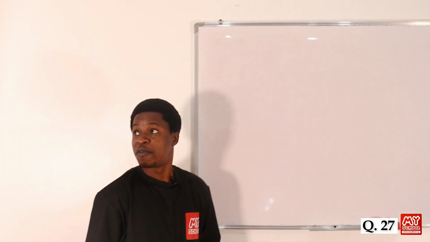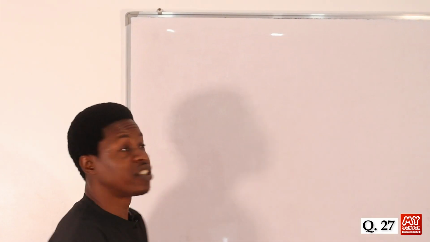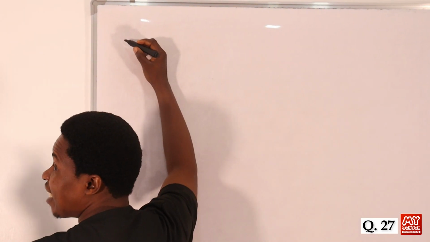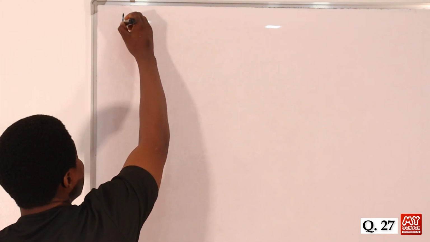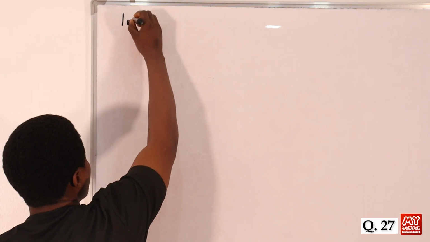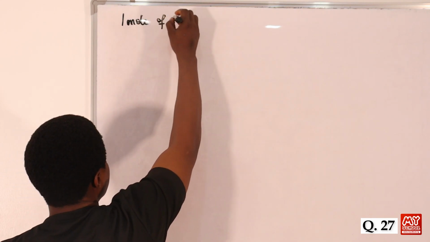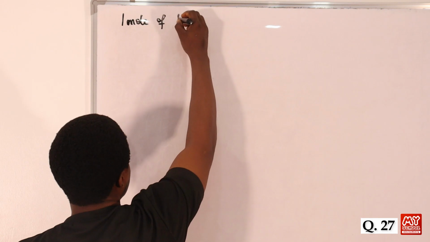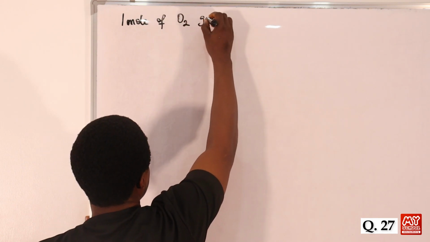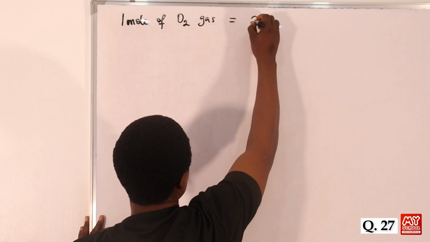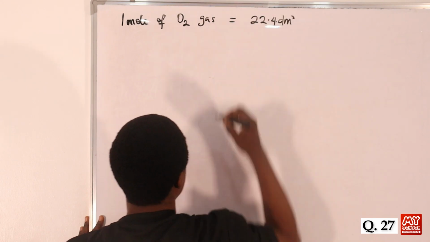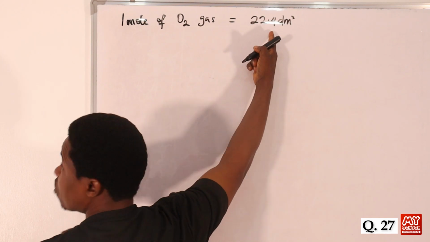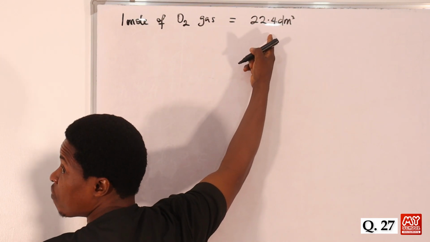It says the volume of 2.5 moles of oxygen. So the molar volume of a gas at STP is 22.4 dm3. In other words, it's saying that if 1 mole of gas, of course that's oxygen gas, gives 22.4 dm3, that's the molar volume at STP. So the question says the volume of 2.5 moles.